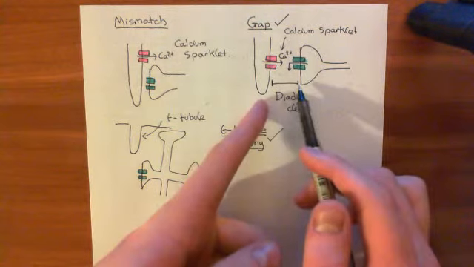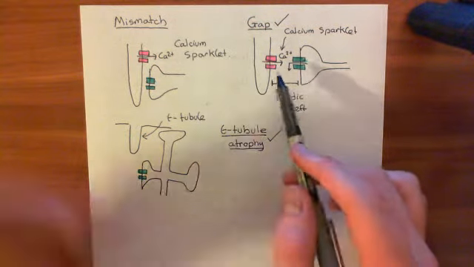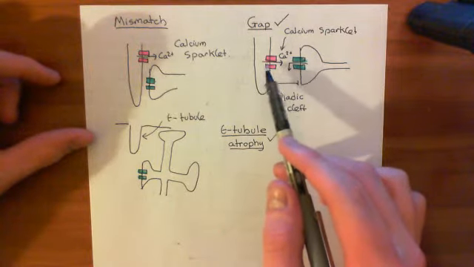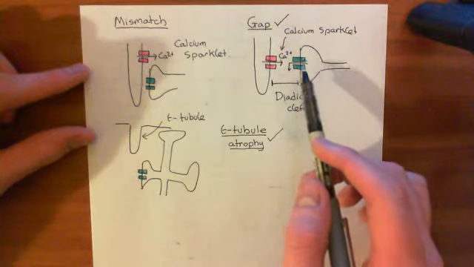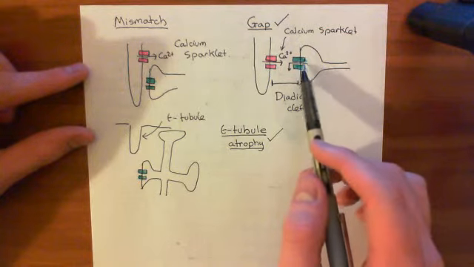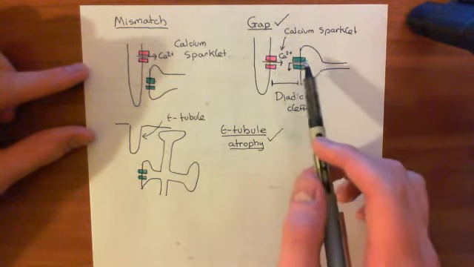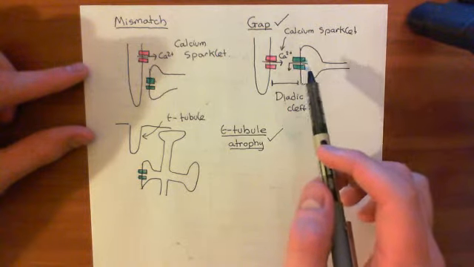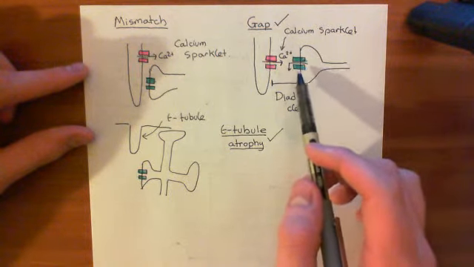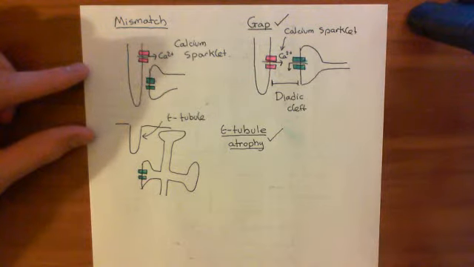Increased dyadic cleft size means that less calcium will make it from the calcium sparklet to the type 2 ryanodine receptors on the SR membrane. So the number of receptors you'll actually activate to open will be lower, so the amount of calcium released is lower, causing the calcium sparks to be smaller.